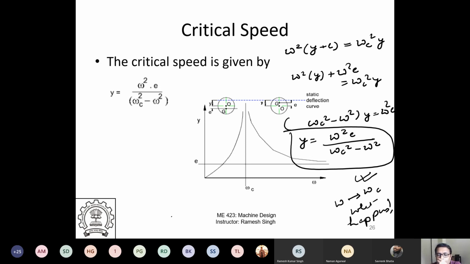Any guesses? Any suggestions? Some suggestion should be there, right? You should be able to give me some advice. How do I get this?